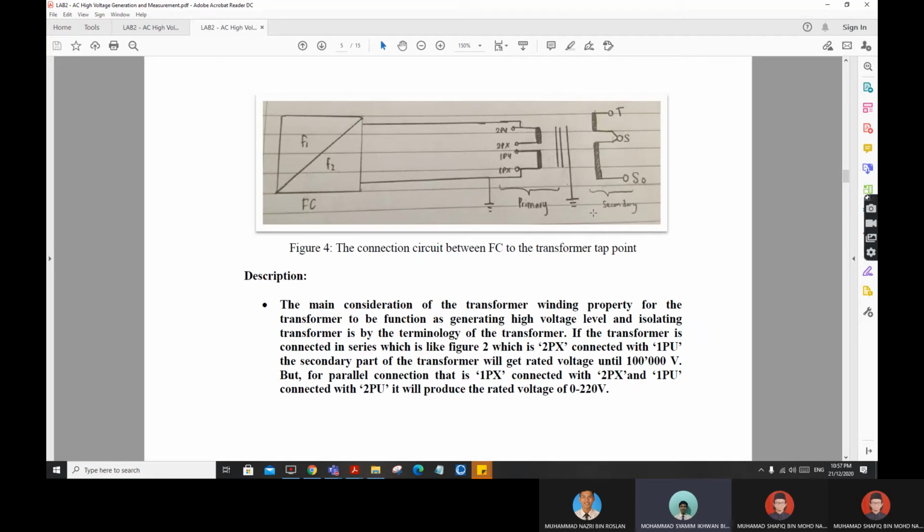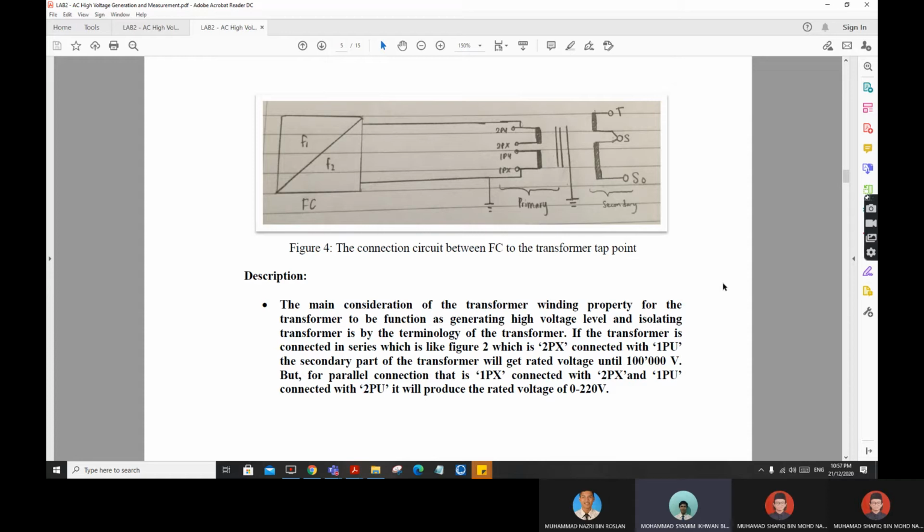The main consideration is the terminology of the transformer. If the transformer is connected in series, as in figure 2, with 2PS connected to 1PU, the secondary part will get voltage up to 100,000 volts.